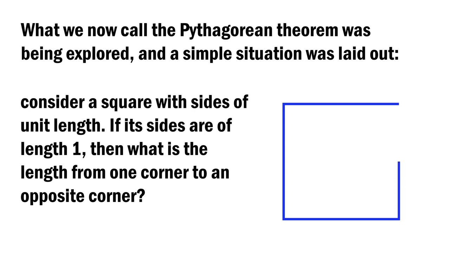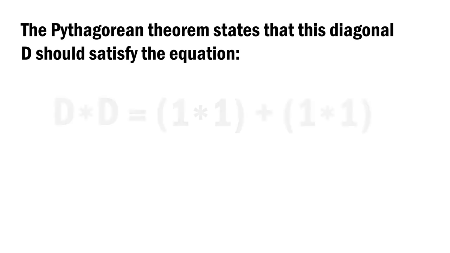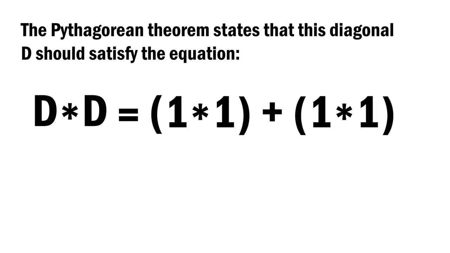Consider a square with sides of unit length. If its sides are of length 1, then what is the length from one corner to an opposite corner? The Pythagorean theorem states that this diagonal D should satisfy the equation D times D equals 1 times 1 plus 1 times 1.